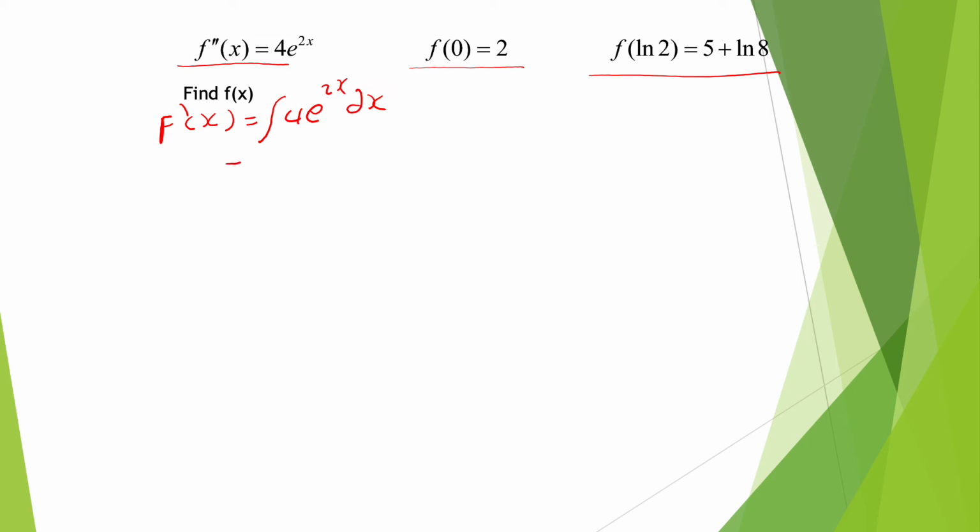With respect to x, so we're integrating that. So that's f dash of x. Now we get f of x by integrating this with respect to x.